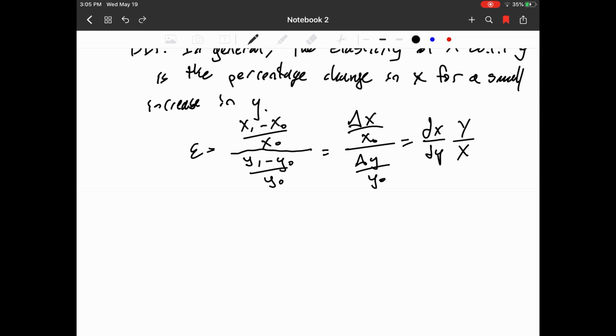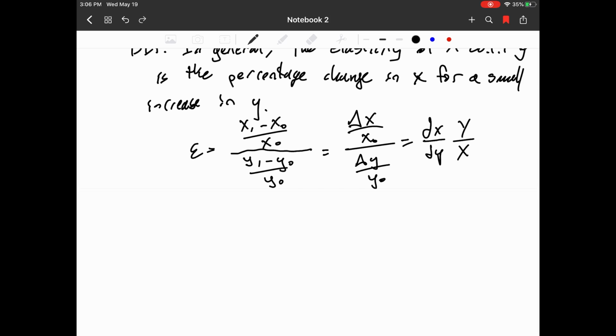So some concept of a change and then some ratio of x and y. Then we have our general definition of elasticities, and this gives us the ability to apply our elasticities to different contexts.